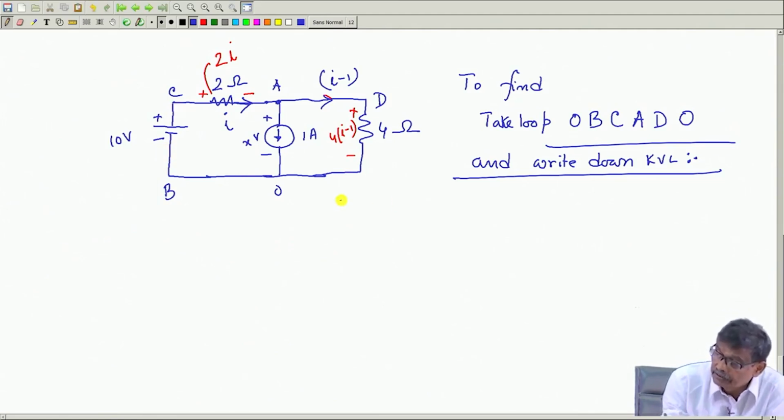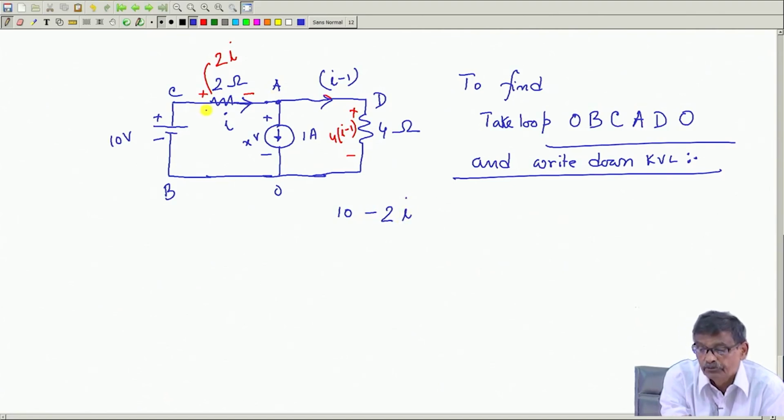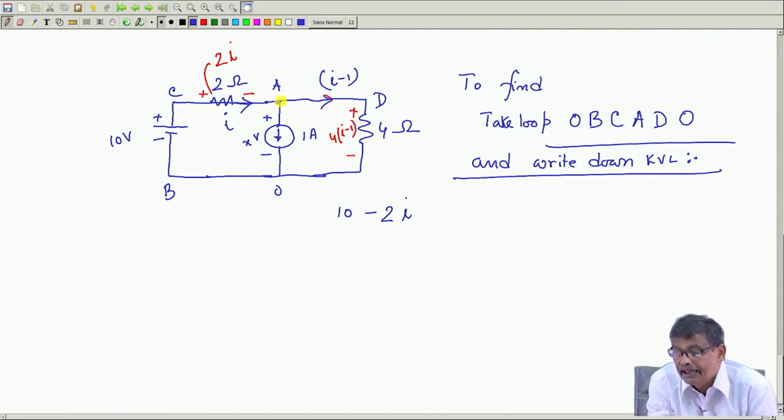So, write down plus 10 volt, then C to A, plus to minus, of magnitude 2I, then A to D, no voltage drop, because no resistance here, no battery etcetera present.